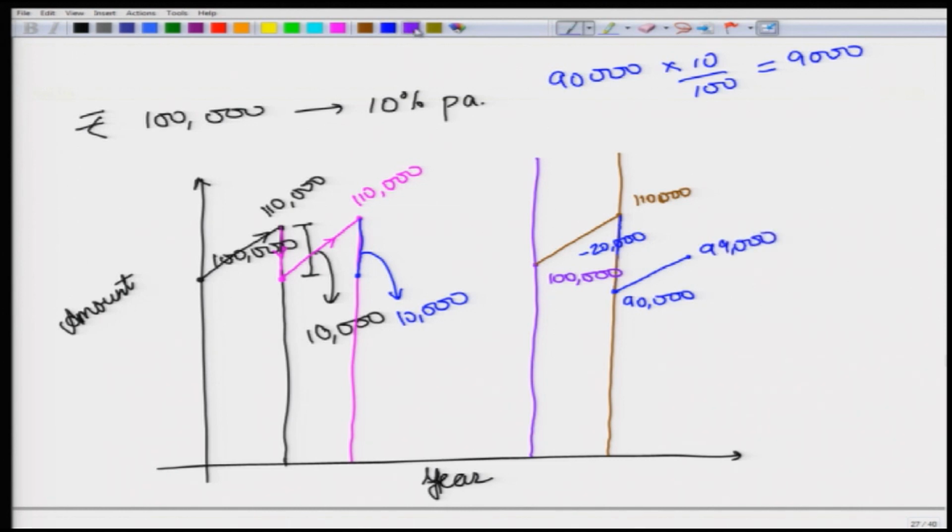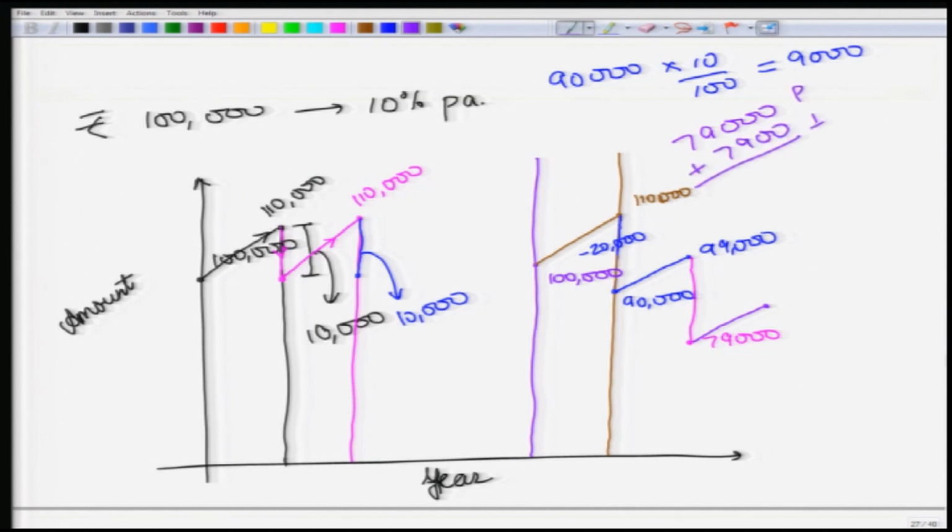Now, suppose you extracted 20,000 again from here. So, now you are getting down to 79,000, and at the end of the third year this 79,000 will give you an amount of 79,000 plus 7,900, which is the interest.